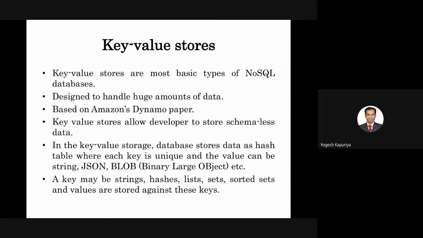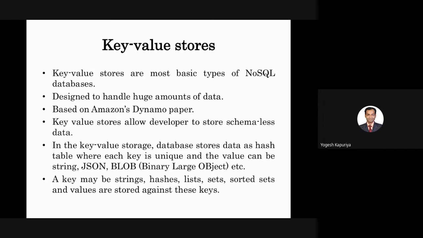Initially it was a proprietary product, and then the Dynamo research paper was made available for the community, and taking reference from that, various other key value data stores have been implemented. Amazon DynamoDB is one of them, and there are others as well. We will discuss what those technologies are.